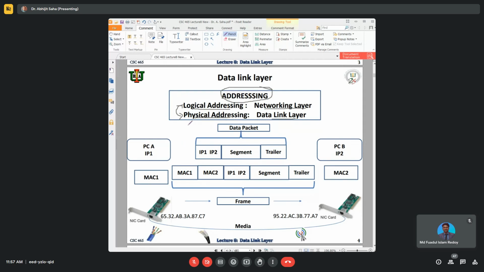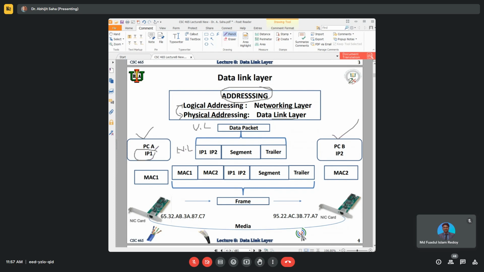So when we get the data from the upper layer to the network layer, from the transport layer we are getting the segment. In the network layer, this is my PCA, a node, and the next node is PCB.